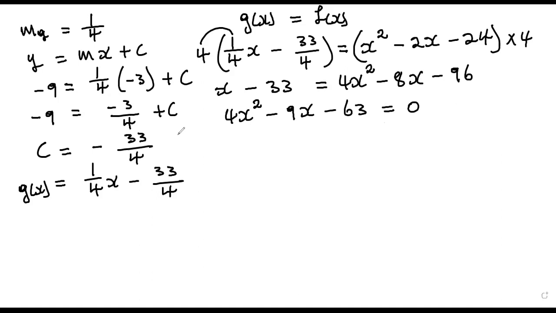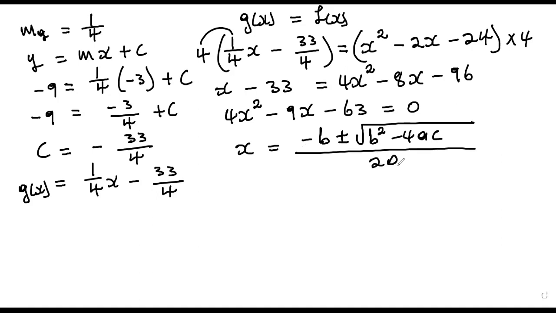I'm not going to write it, but I'm just going to write the final result. No, let's just write the quadratic formula. And maybe we should substitute and find the final answer. So you have negative b, the value of b is -9.